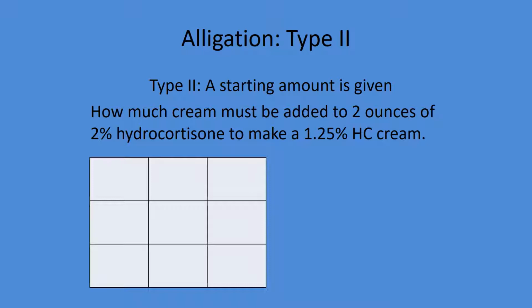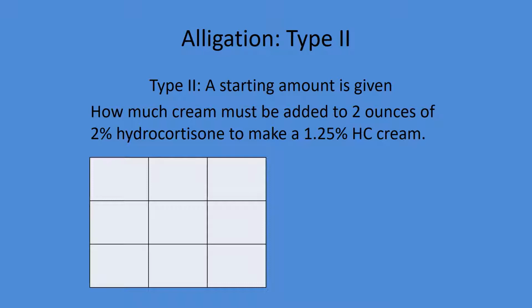On the PTCB exam, you won't have nicely labeled order and supply. You'll just have a word problem, and you'll need to figure out what type of problem it is and how to solve it. So let's find the order and the supply. How much cream must be added to 2 ounces of 2% hydrocortisone to make a 1.25% hydrocortisone cream?